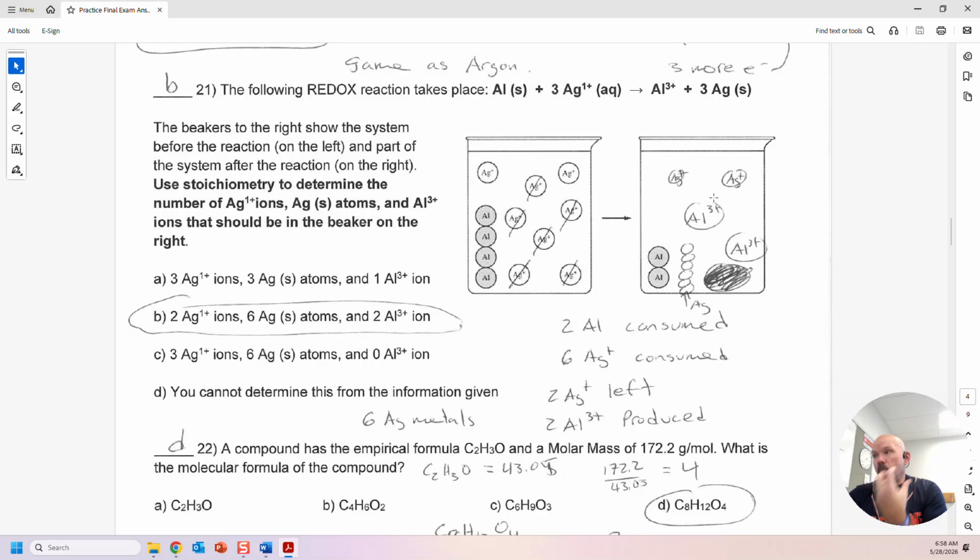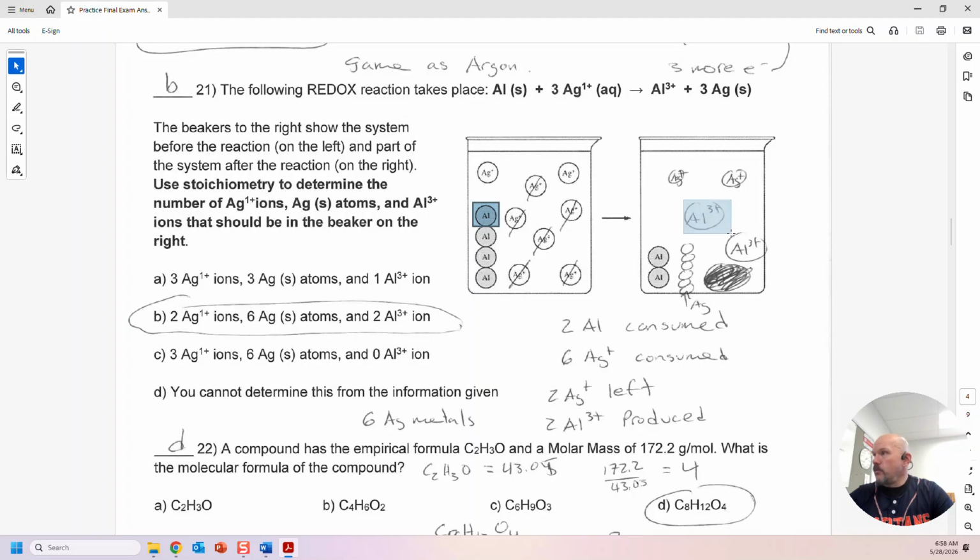Now, if we wanted to be really accurate about it, the silver atoms, these spheres, should all be bigger than those spheres, because when that silver ion gains an electron, it ends up with a bigger radius. And the aluminum ion sphere should be really small compared to this sphere, because it lost 3 electrons, so its electron cloud would be a lot smaller.